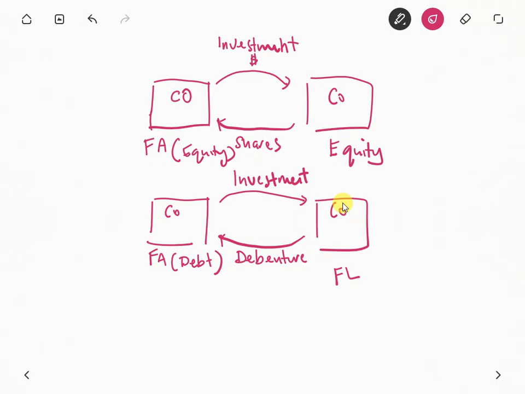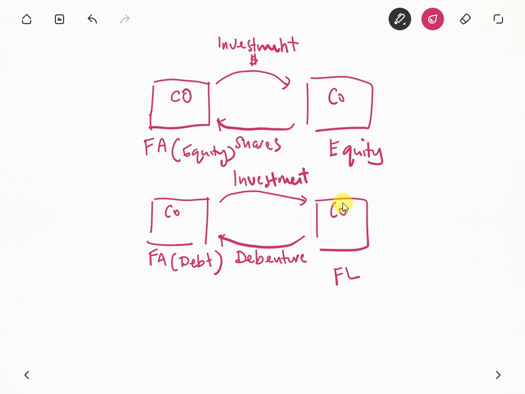So repeat, what is the definition for financial instrument? It's a contract that gives rise to both a financial asset to one entity and liability to the other, or equity. You see the first example, financial asset and equity. Second example, asset and liability.